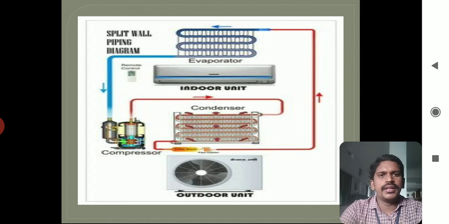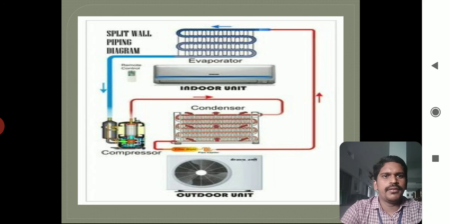You capture the room's hot air into the evaporator, which is then sent to the compressor. The compressor compresses the hot air to high temperature and high pressure. Then the condenser carries out the condensation, and the refrigerant goes to the evaporator through the expansion valve.